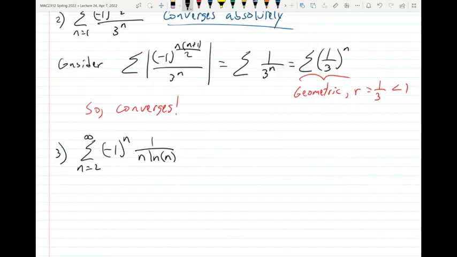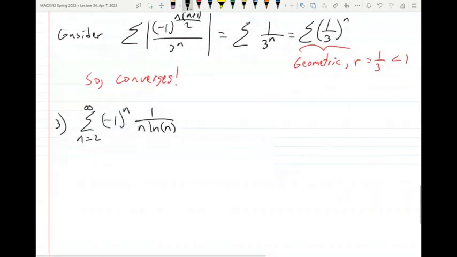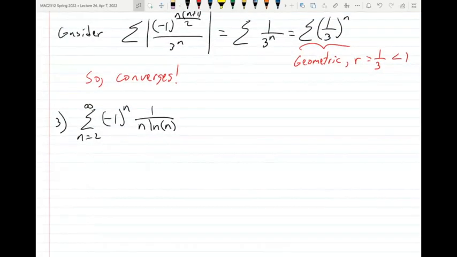Okay, so we want to analyze this one. All right, let's take the absolute value, right? As promised, we consider the absolute value first anyways, because we want to identify the type.